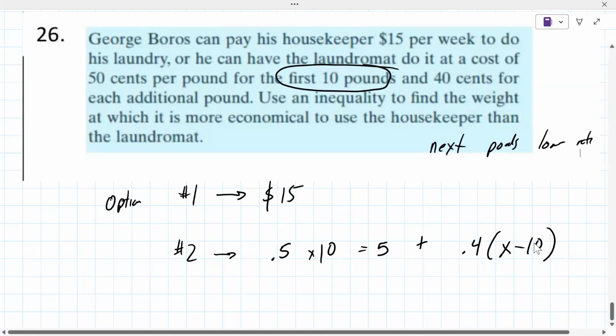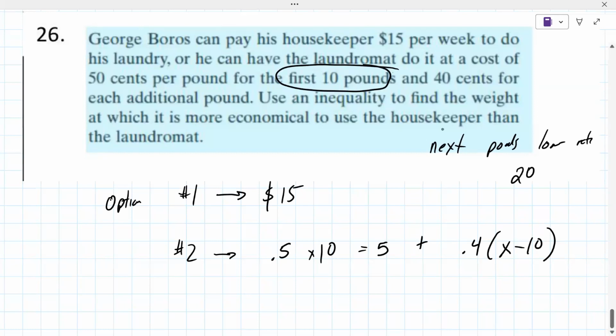Let's just say it's 20 pounds. You're not paying the full 40 cents for the full 20 pounds, it's only for the 10 pounds that are over the 10. I'm trying to think of an example where you might see this in real life. It doesn't happen very often.